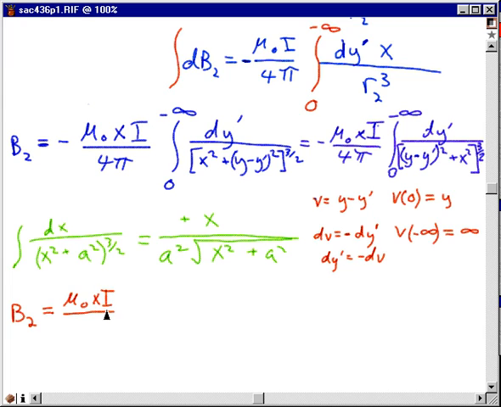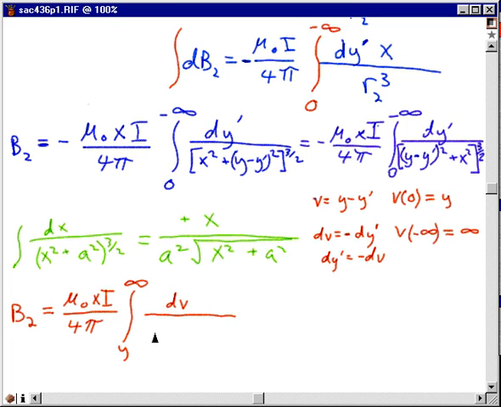So mu 0 times x times I, all divided by 4 pi, and then times the integral from y up to infinity of dv, all divided by v squared plus x squared, all to the 3 halves. I already took care of the minus sign; it was used to cancel that one out.